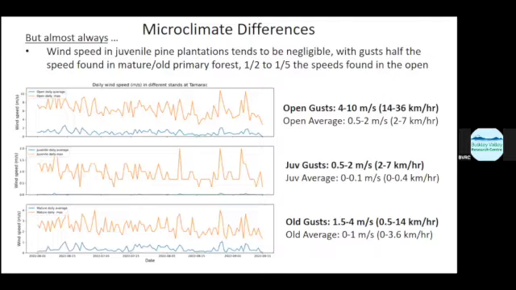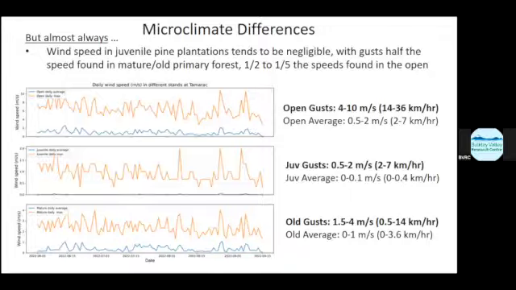And here's where we did find a consistent microclimate effect. And that is that winds, both averages and gusts, were always lower in the juvenile pine plantations. And I was worried that we didn't have the technology, but Vanessa stepped up with some high-grade equipment. We're detecting it down to 0.25 meters per second.